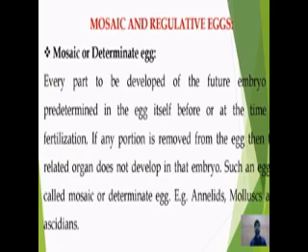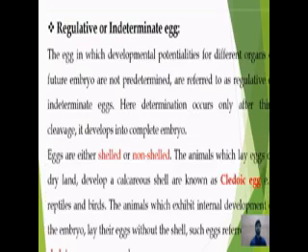Generally this is found in annelids, molluscs and ascidians. Then the next, regulative or indeterminate eggs. In these eggs, the developmental potential for the different organs of the future embryo is not predetermined. Suppose any part of that fertilized egg is accidentally damaged.